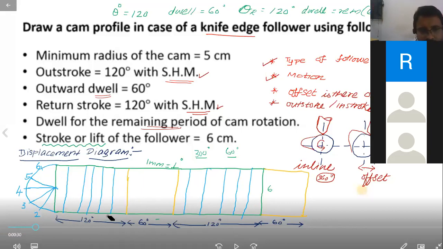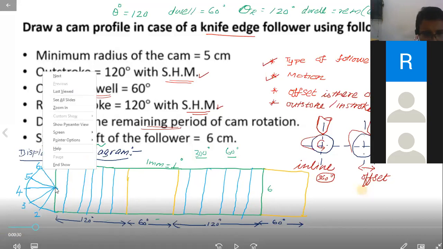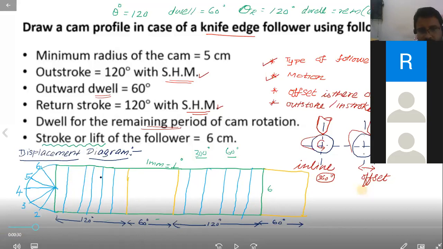So like this. So what you do is, if you finish this step, you draw a horizontal line from here. From each point, you draw horizontal lines.